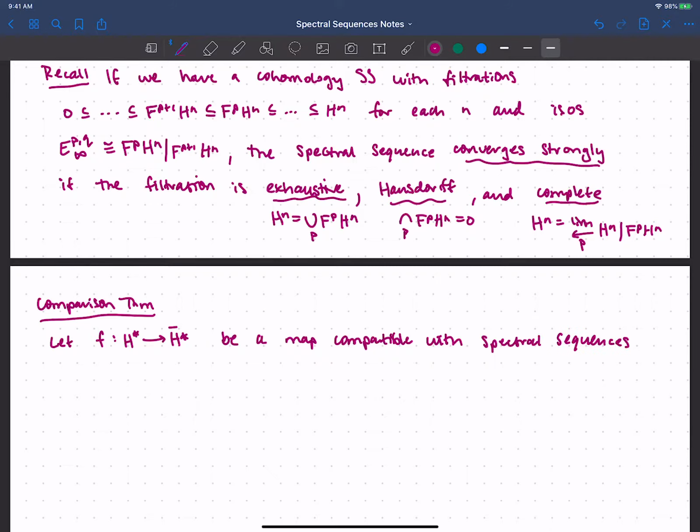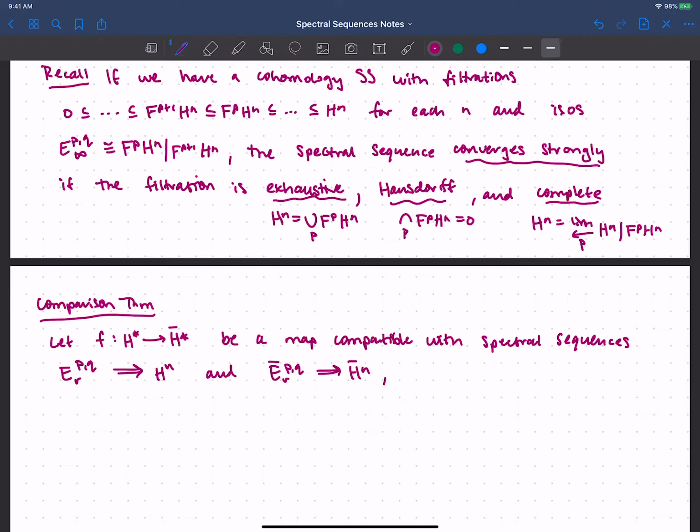And I'll spell out what I mean by that. So I've got a spectral sequence, and I identify some E_r page and say, okay, that's converging to, sorry, let me say H star. Well, I guess we'd normally write H^n, that's fine. And then I've got some other spectral sequence. I'll just put a bar over it to say some other thing converging to this other cohomology group, H bar n.